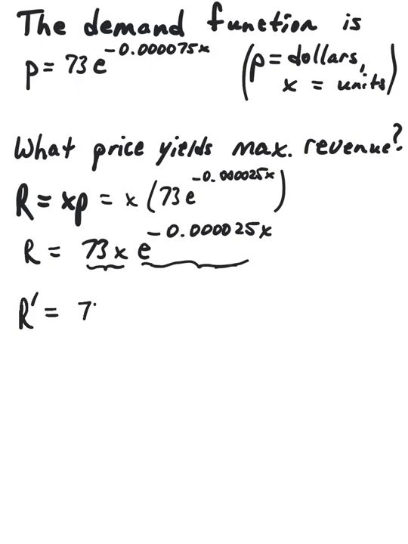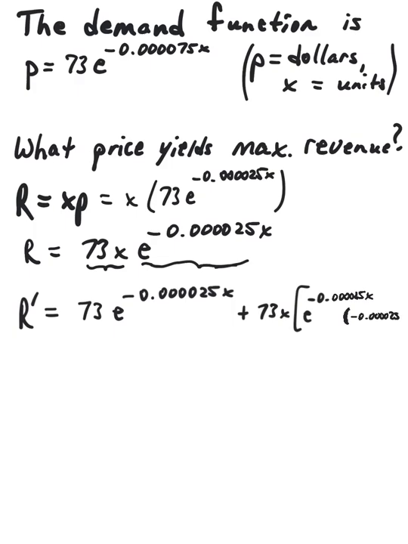Derivative of the first term times the second plus the first term times the derivative of the second. The derivative of the power is negative, we'll put that in parentheses, 0.4025. Just that value.